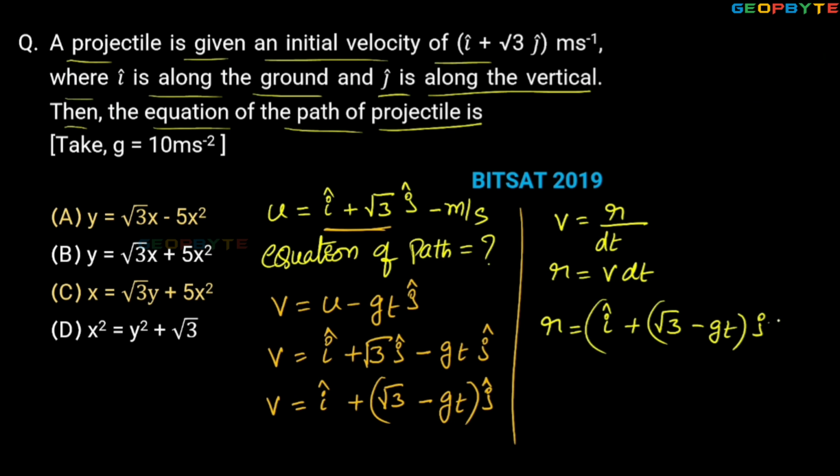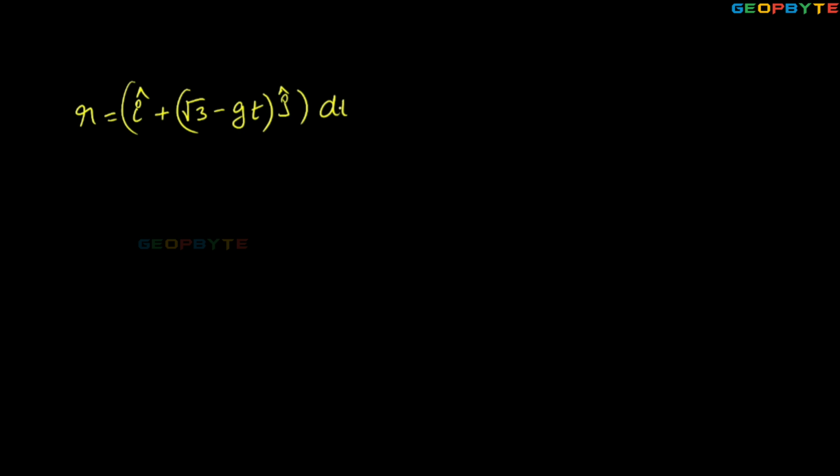That is the v value into dt. Upon integration, let us take another slide. Here r equal to, we have written i cap plus root 3 minus g t j cap into dt.